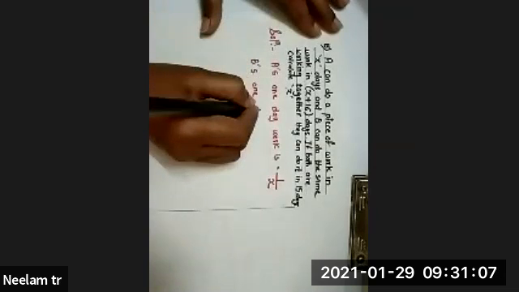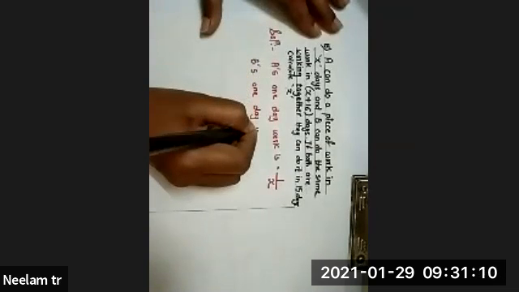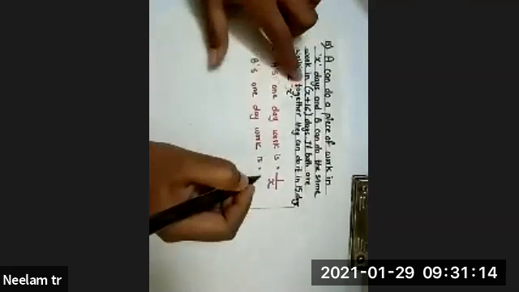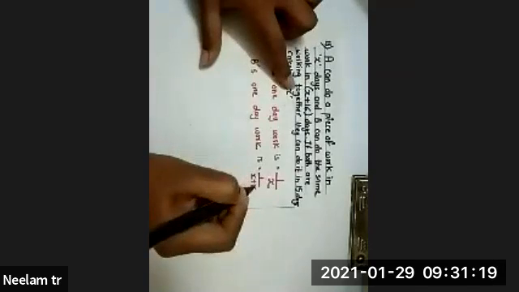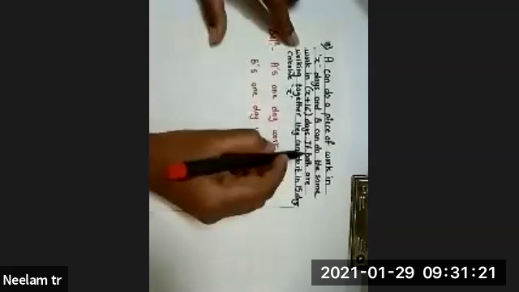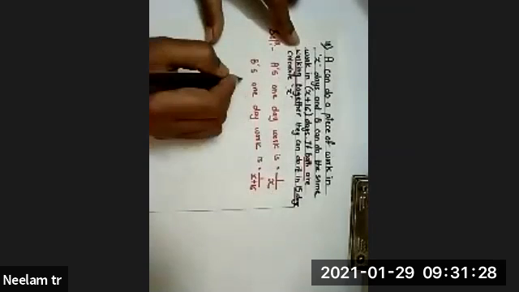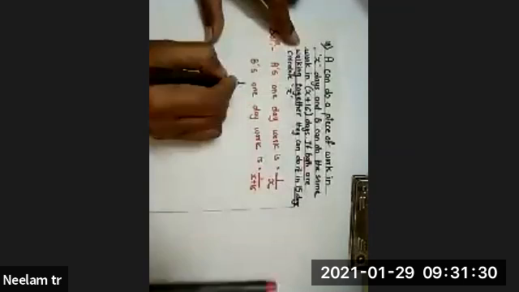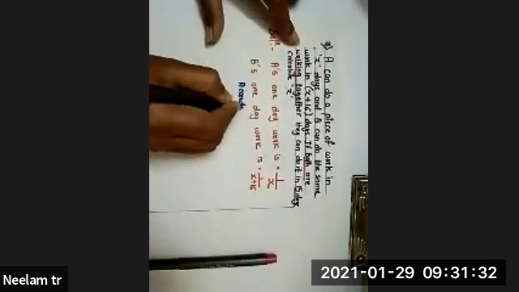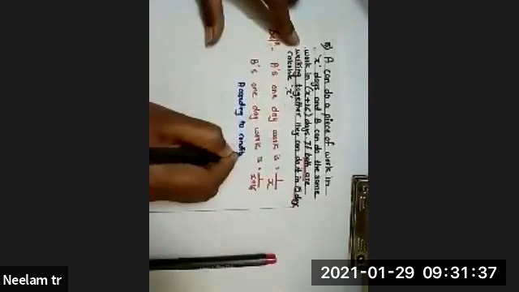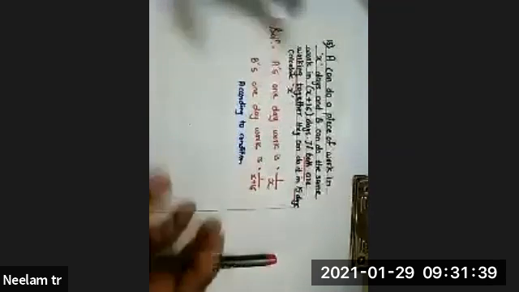So B's one day work will be what is given. See here it is given straightforward: 1 by X plus 16. Now it says if both are working together, they can complete it in 15 days. So according to the condition, both are working together, na?